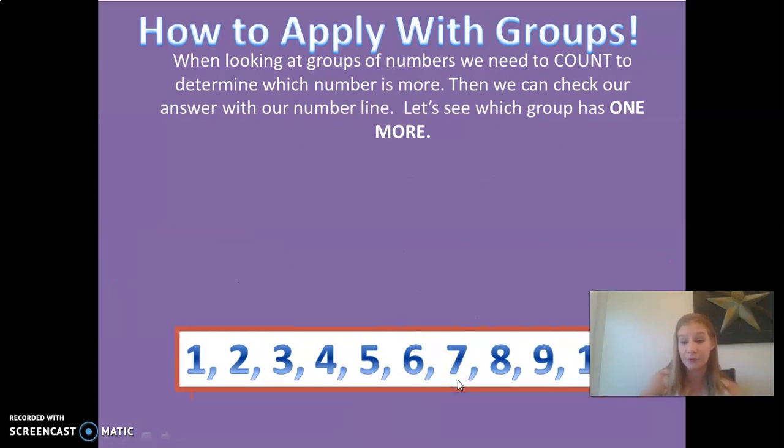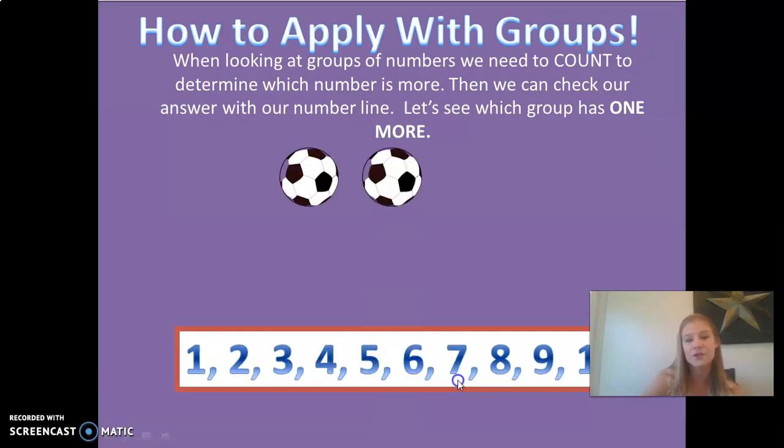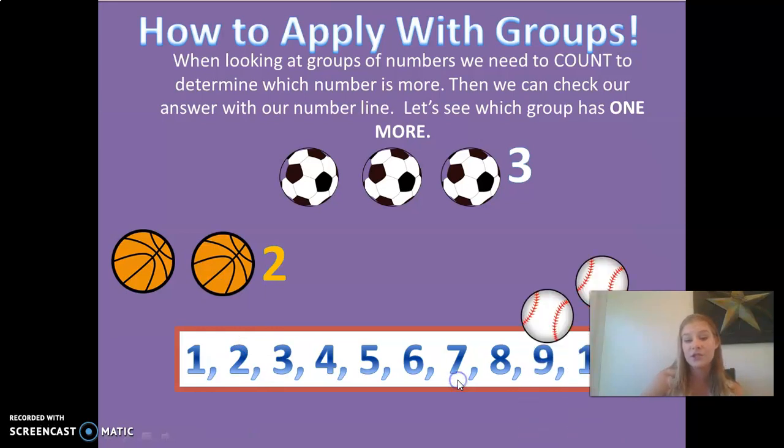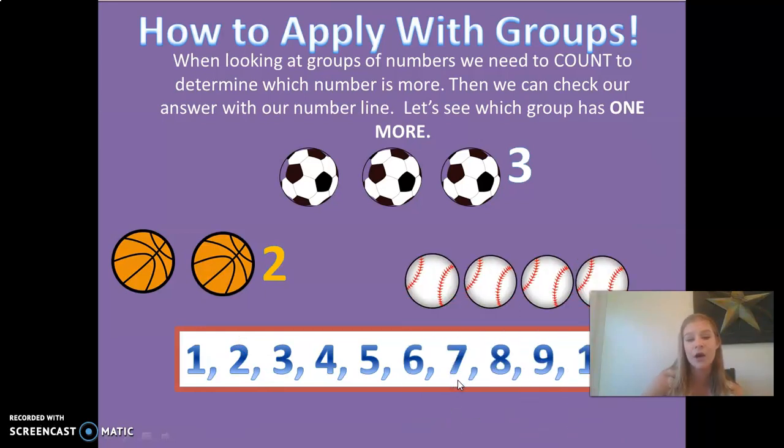Let's do one more with groups. Here's our number line. I have 1, 2, 3 soccer balls, 1, 2 basketballs, and 1, 2, 3, 4 baseballs. We want to know which of these two numbers, 2 or 4, is 1 more than our group of 3 soccer balls.